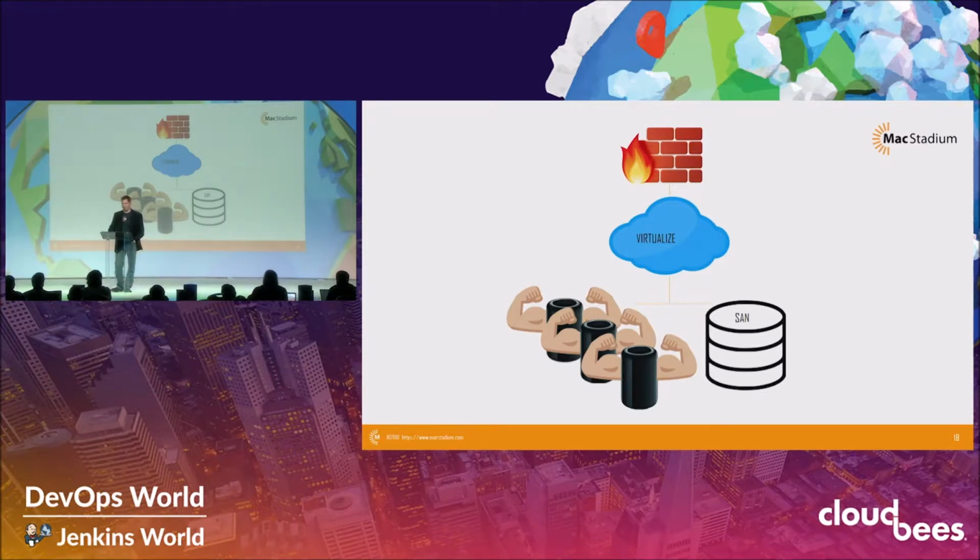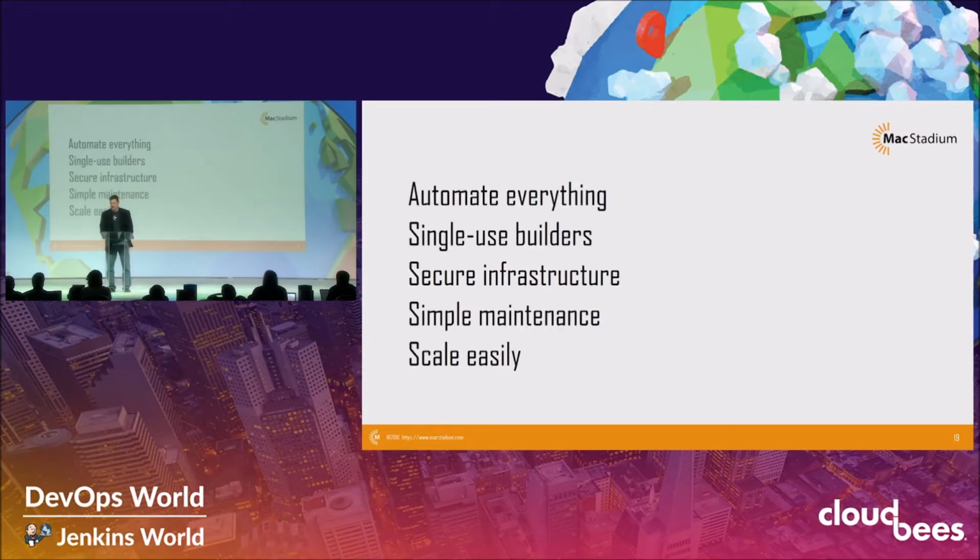So now you've got everything you need to automate with virtualization. You can create single-use builds like you do in other environments. You've got secure infrastructure, simple maintenance, you can scale easily. It basically puts you back on par a little bit with the world you're used to. Not quite, but better than under your desk.